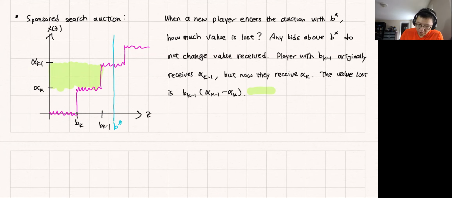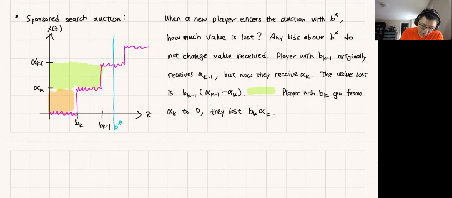So b k minus 1 is this size, and alpha k minus 1 minus alpha k is this, so it is precisely this rectangle. And the player who bid b k will go from alpha k to 0. So they lost b k times alpha k, and that is precisely this area here.